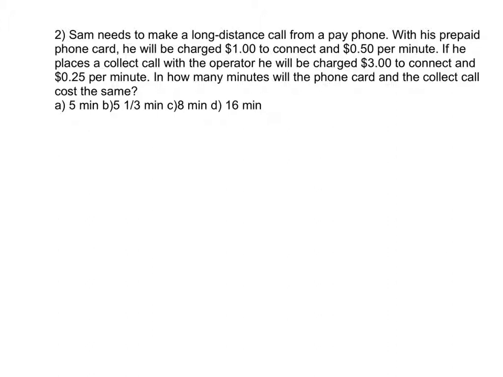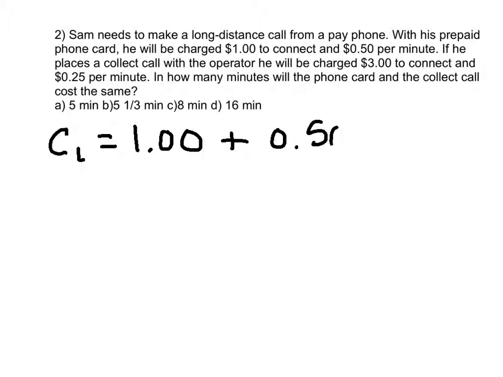Number 2, Sam needs to make a long-distance call from a payphone. With his prepaid phone card, he will be charged $1 to connect and 50 cents per minute. So let's talk about call 1 first. Call 1 charges you $1 to connect, and then 50 cents times each minute that you're on the phone.